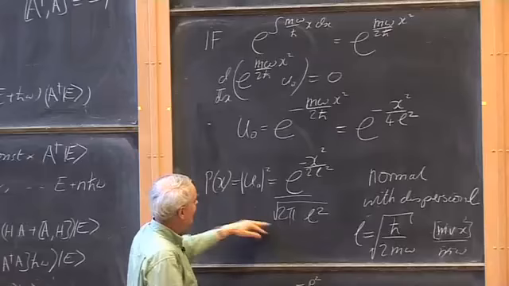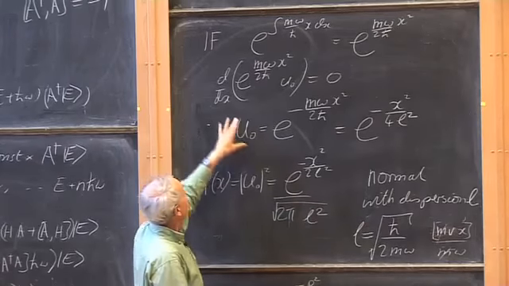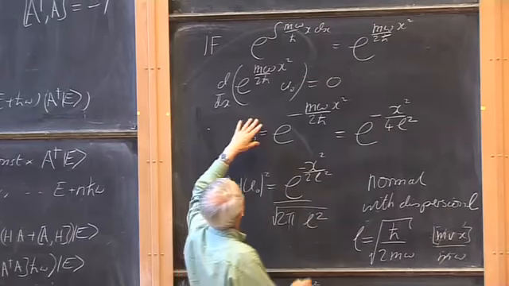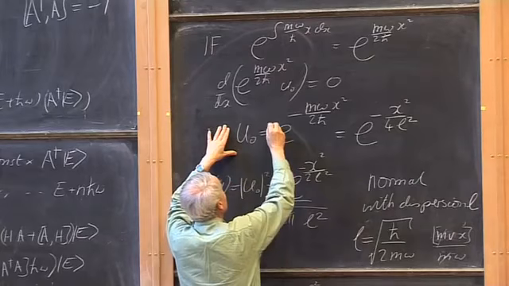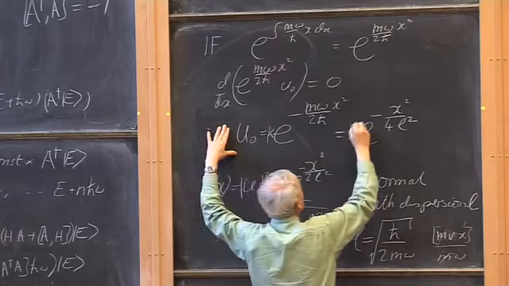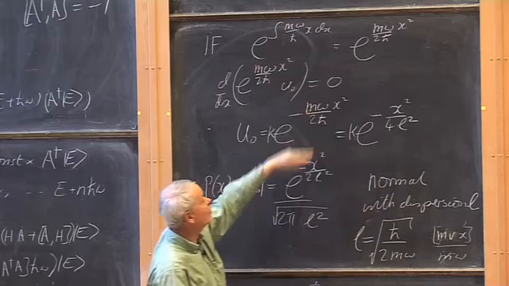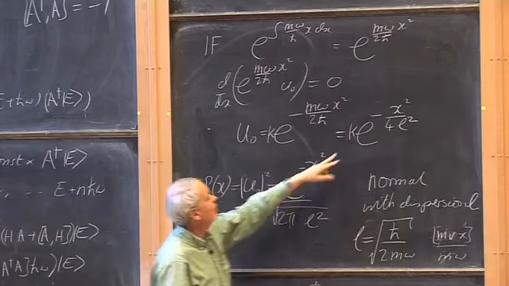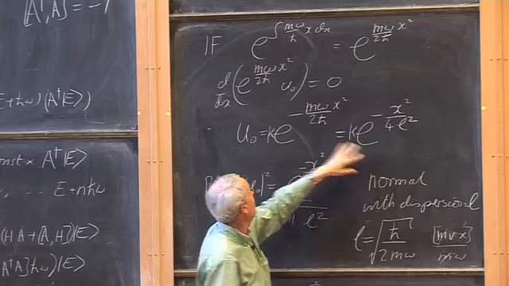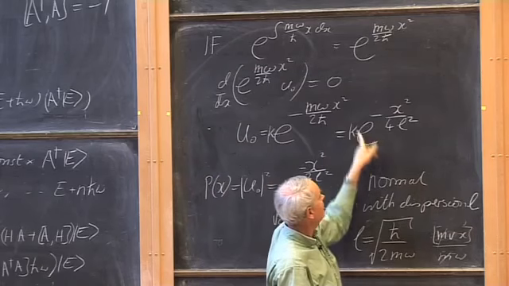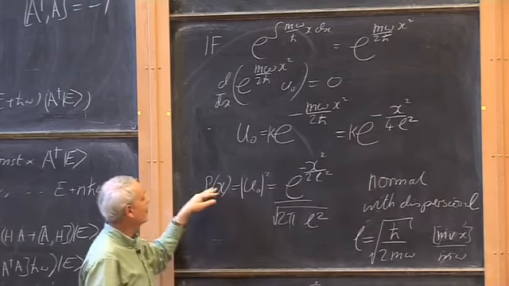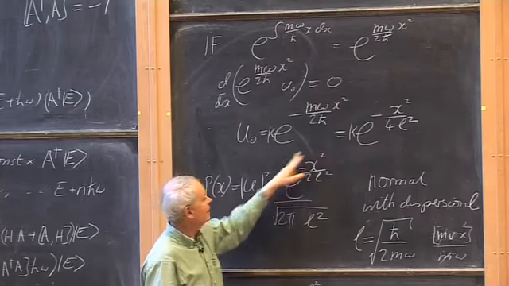I needed the probability of x to have this. So we obtained u as a constant k times this, right? There was an arbitrary constant of integration, which is in fact going to be the normalizing constant. So I know now that the wave function behaves like this, which gives me a probability that looks like this.